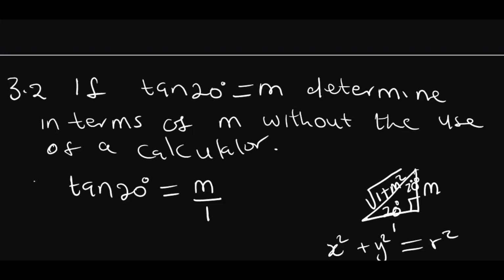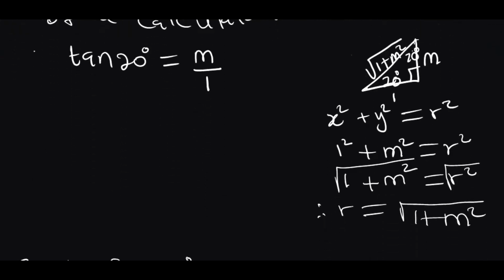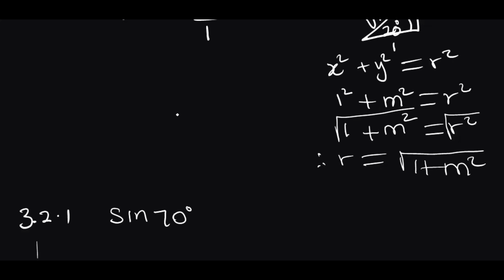We've got 70 here, meaning sine 70 is going to be opposite over hypotenuse, because 1 is opposite to 70. Meaning we have 1 over the square root of 1 plus m squared as our answer. That is equal to 1 over the square root of m squared plus 1. That's our final answer.